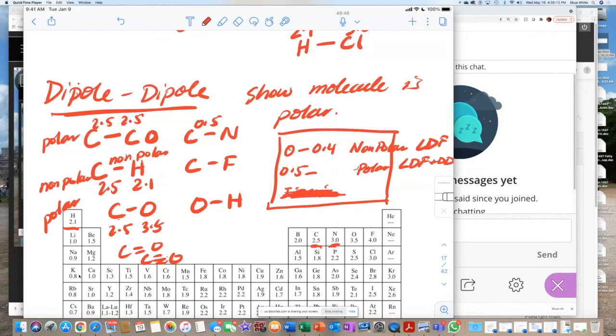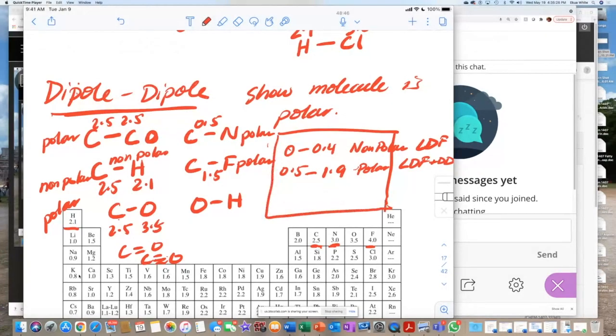C and F, we got 2.5 and then 4. What's the gap there? 1.5. So we have here polar. This is also polar. I think this may be 1.9. I think it was 1.9, right? I think it's 2.0 and above that makes ionic. So for right now, we'll go with 1.9 because it's bothering me.